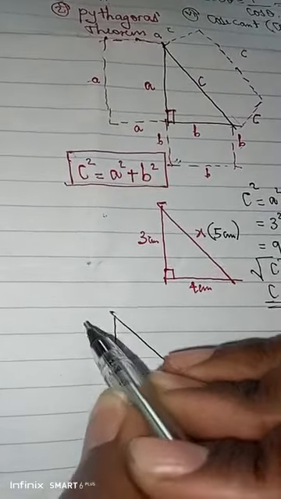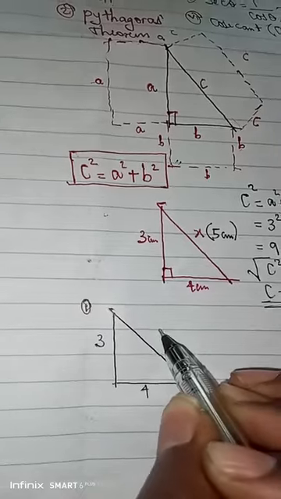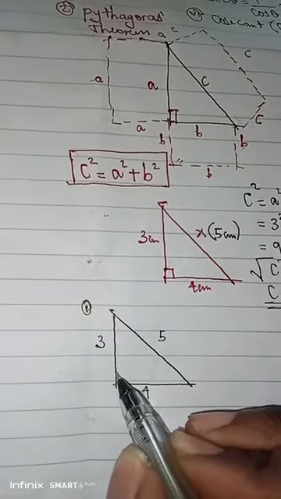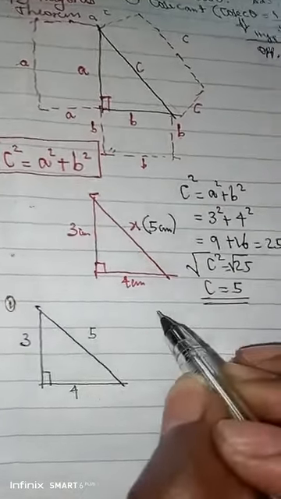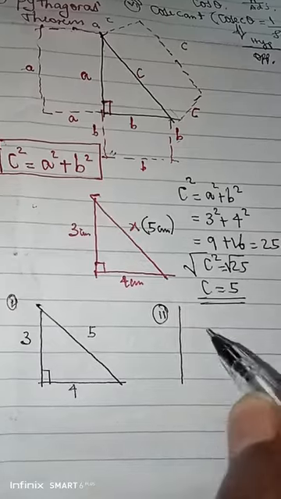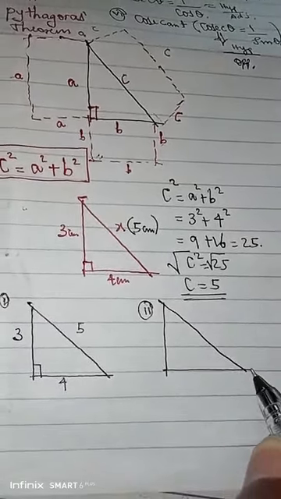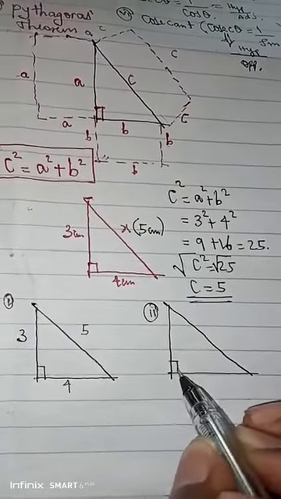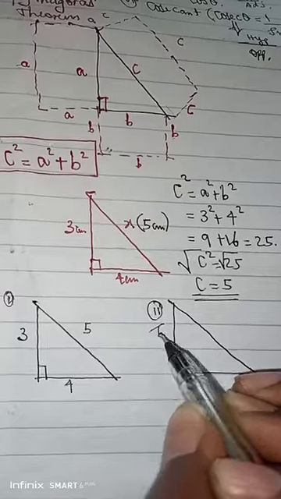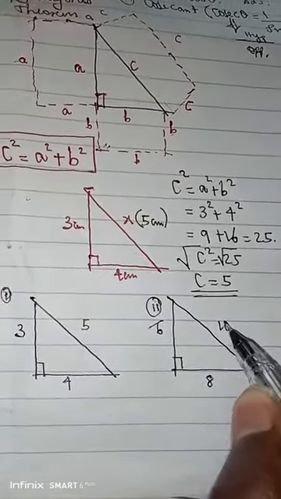The first one is this same one. If this is 3, if this is 4, then this is going to be 5. The other one, which I can give you for the sake of practice, and you can prove this if you want: if this is 6, and if this is 8, then you can be very well sure that this is going to give you 10.